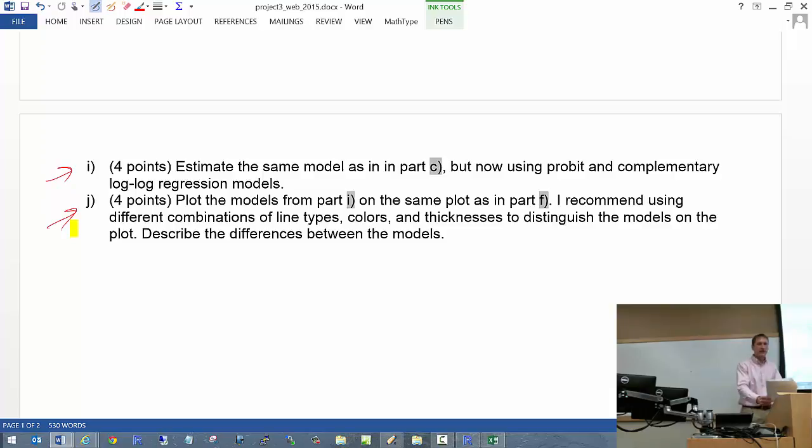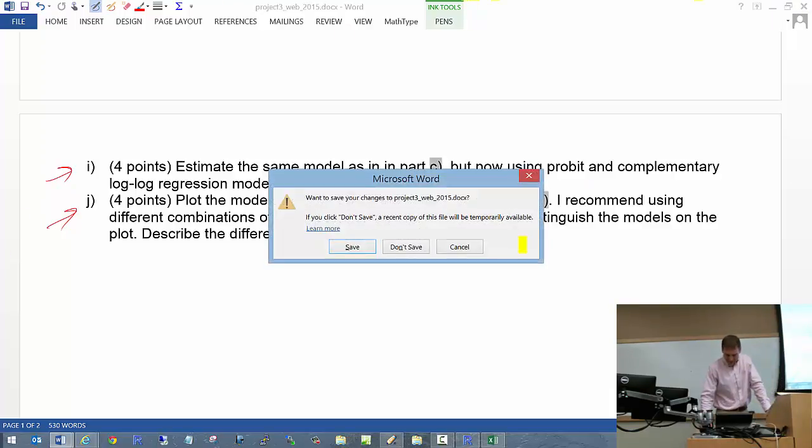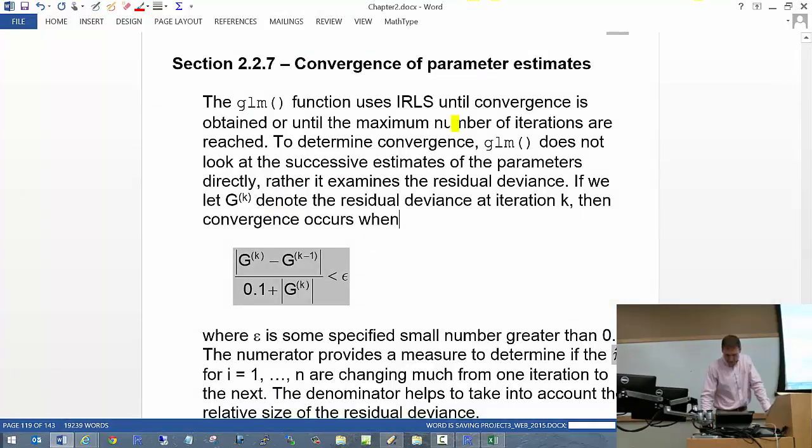Okay. Then let's go back to page 119. Okay, so we have to use a numerical iterative method to come up with these beta hats.